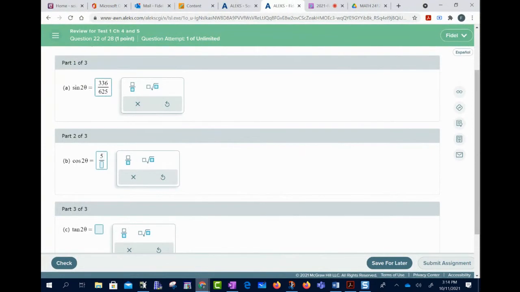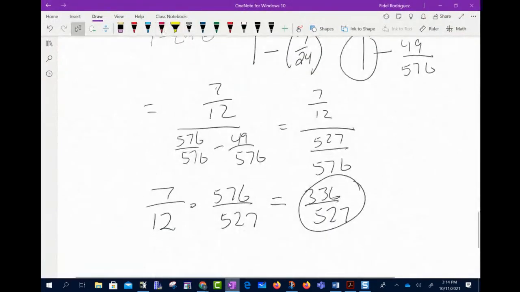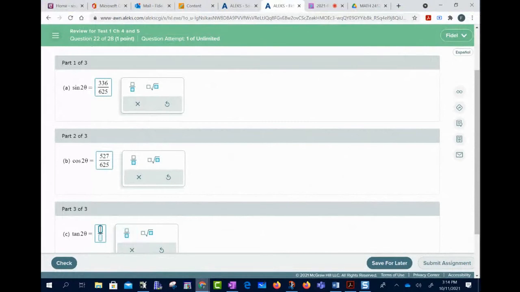And the last one we came up with was 336 over 527. There we go. 336 over 7.